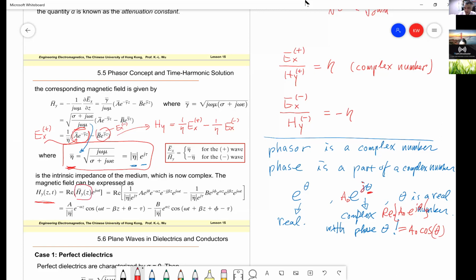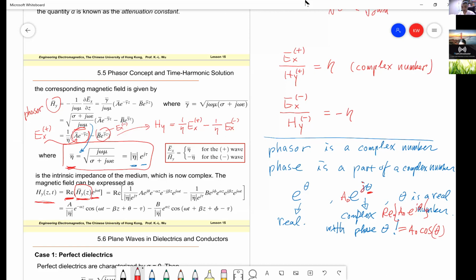But the phasor is not exactly what we want because it's not measurable. What is measurable is the instantaneous. To convert the phasor into the instantaneous, I have to take the phasor, multiply by e to the j omega t, then take the real part. Is that clear?